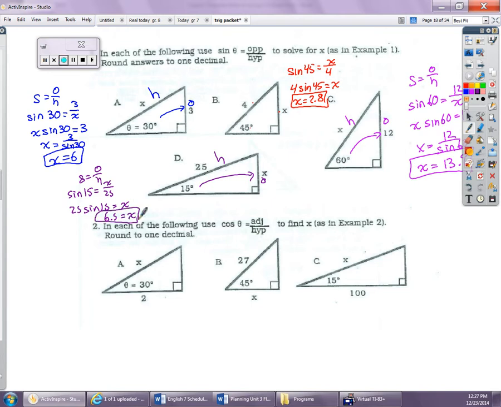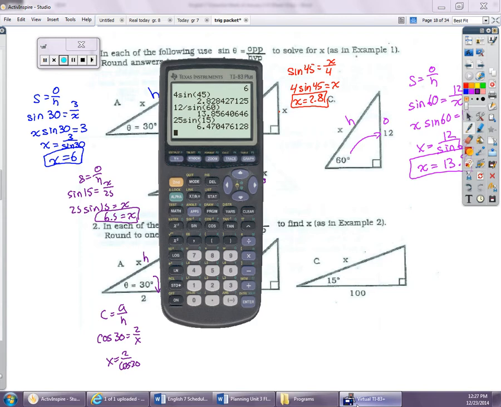And we can move down here for these ones. Notice now this is adjacent and hypotenuse, so this is cosine. So the cosine of 30 equals 2 over x. So x equals 2 divided by the cosine of 30, which gives us about 2.3.